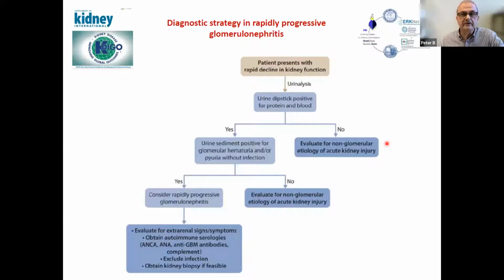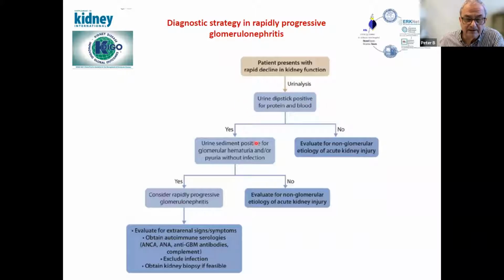So when a patient presents to nephrologists, at least, it is with rapid decline in kidney function. Of course, there are other presentations with long-standing ENT symptoms or pulmonary infiltrates, but this is when you have observed kidney dysfunction, and you look at the urine dipstick, usually positive for both protein and blood.